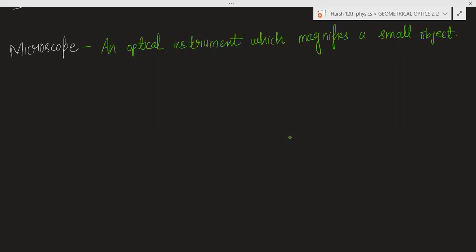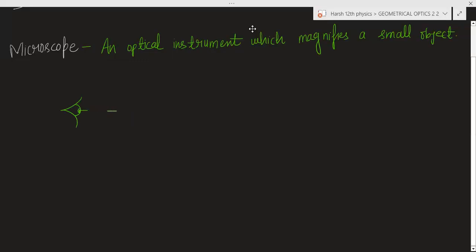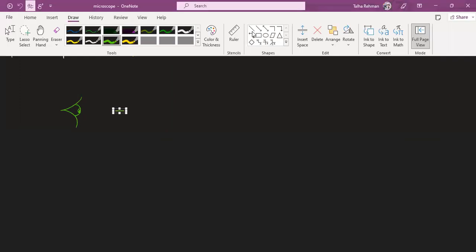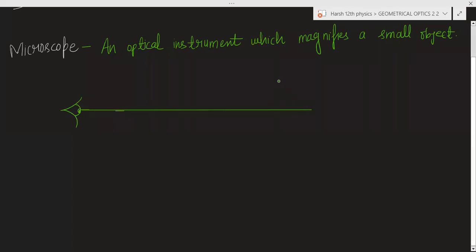Suppose this is the eye, and from your eye up to here the distance is 25 centimeter, and this distance is also known as the near point of the eye.